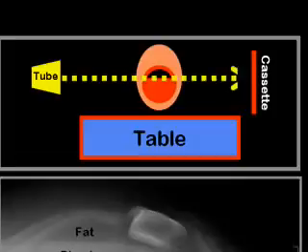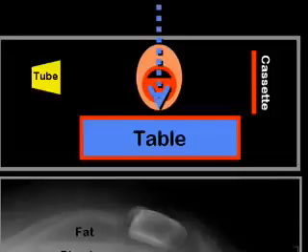The patient is lying on the table, the X-ray tube is on the left, and the cassette is on the right. In order to see that fat fluid level in the knee, the X-ray beam must be horizontal in nature. In fact, to see any air fluid level or any interface, there must be a horizontal X-ray beam. We would not be able to see the lipohemarthrosis as a fluid level if the X-ray beam were vertical in nature.